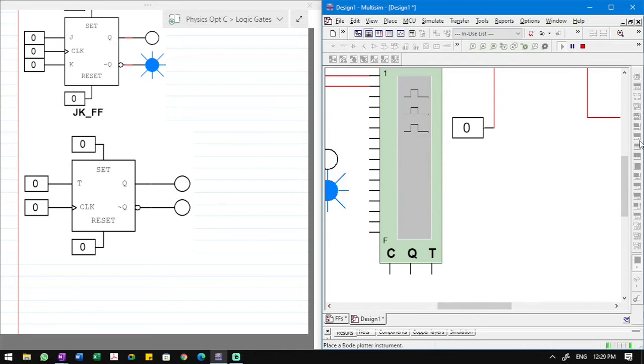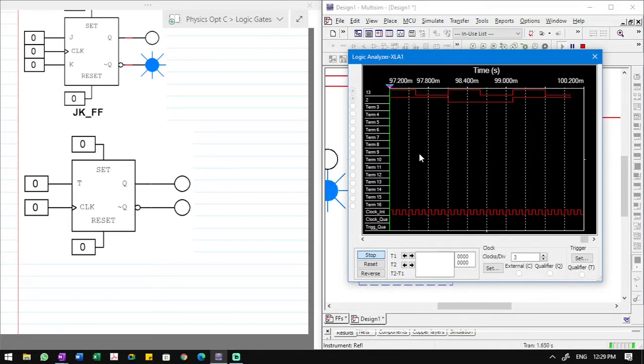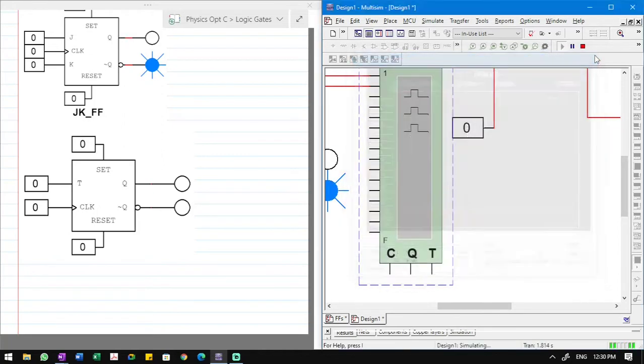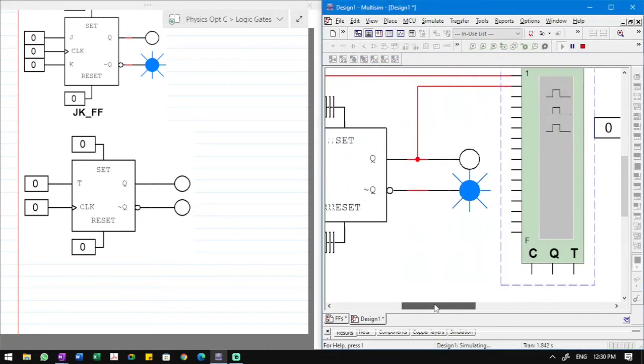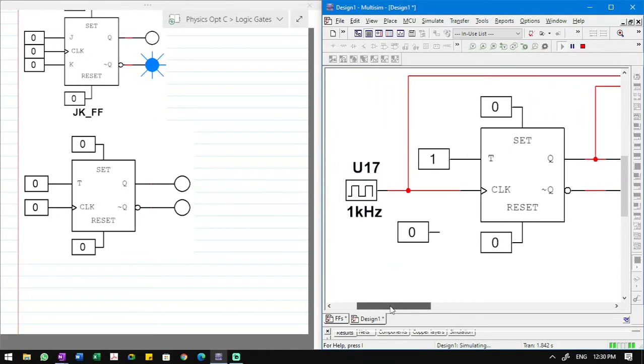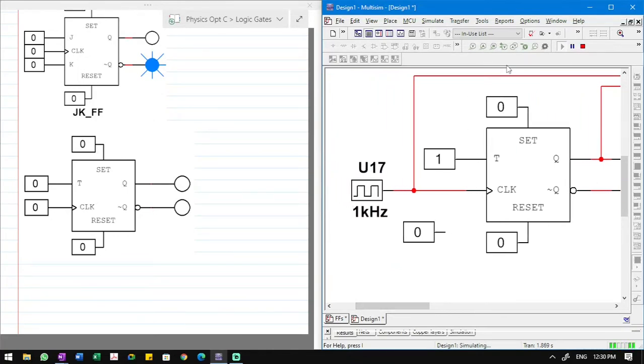It can be found on the right-hand side here. If I double-click the logic analyzer, it gives me two graphs for the two particular terminals I'm interested in.